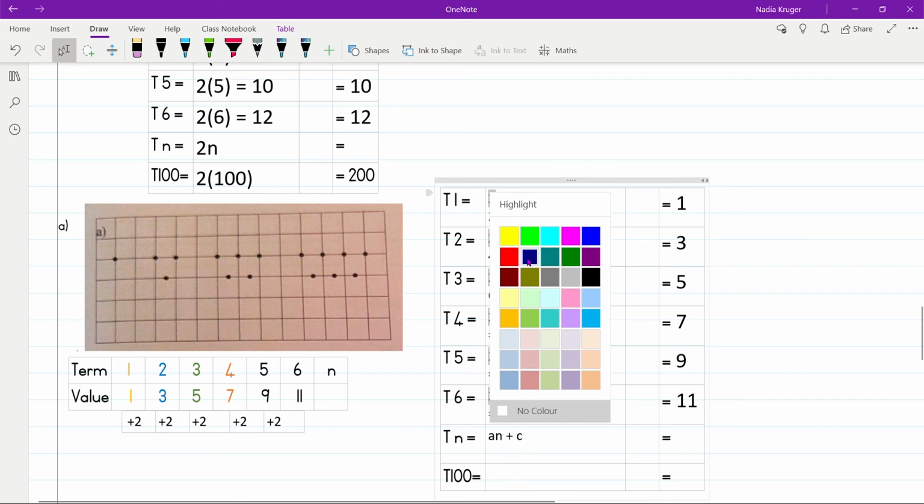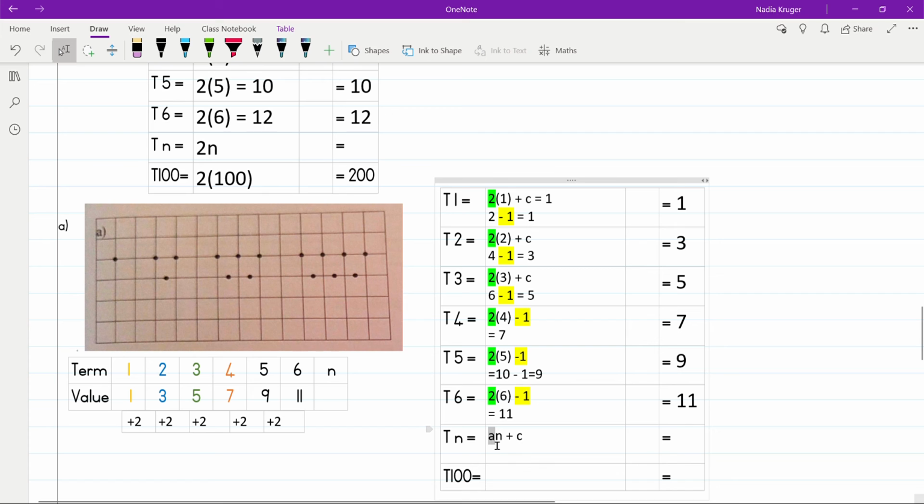So that was our constant difference, and that is the value that we want for A. In each other case, we subtracted a 1. So what did we add? We added a negative 1, which is fine.